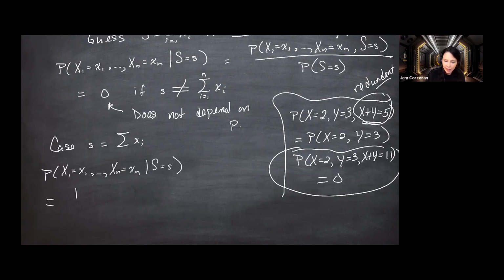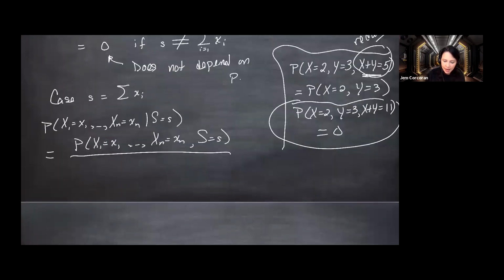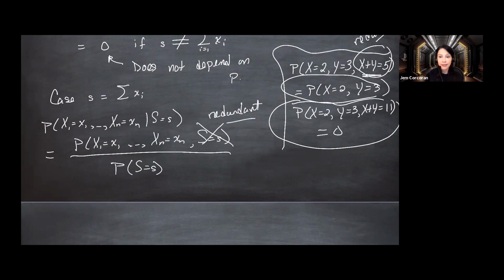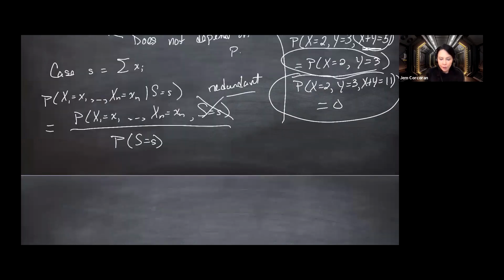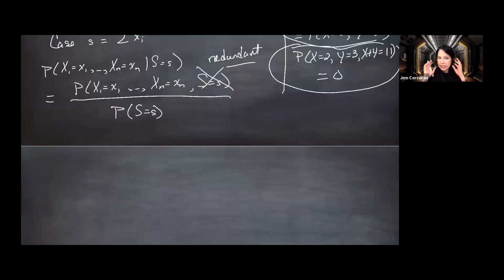This is the big fat joint probability over the marginal probability for S, and I can drop this part, just like I did over in the example on the side, because it is redundant. Okay, so now I can compute this probability pretty easily.